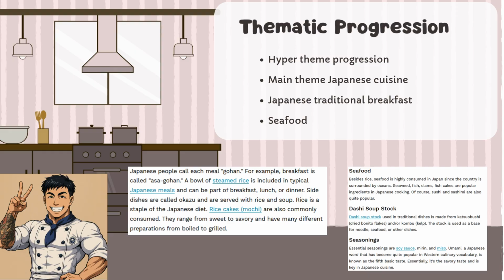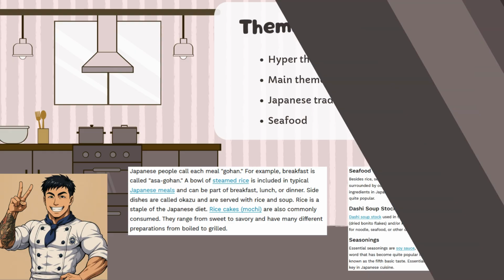Even though the main theme is Japanese cuisine, it is subdivided with different subtitles that are related to this main theme. Then we have seafood, dashi soup stock, and seasonings. They are describing the cuisine of the Japanese people.